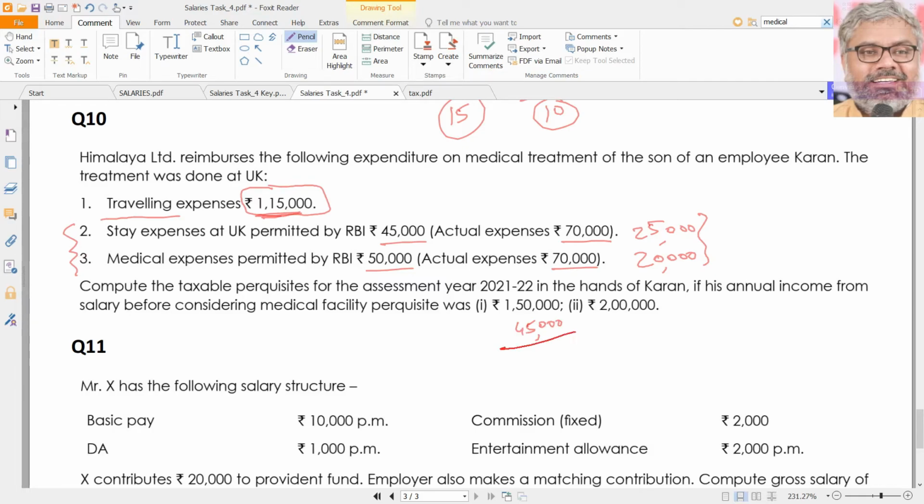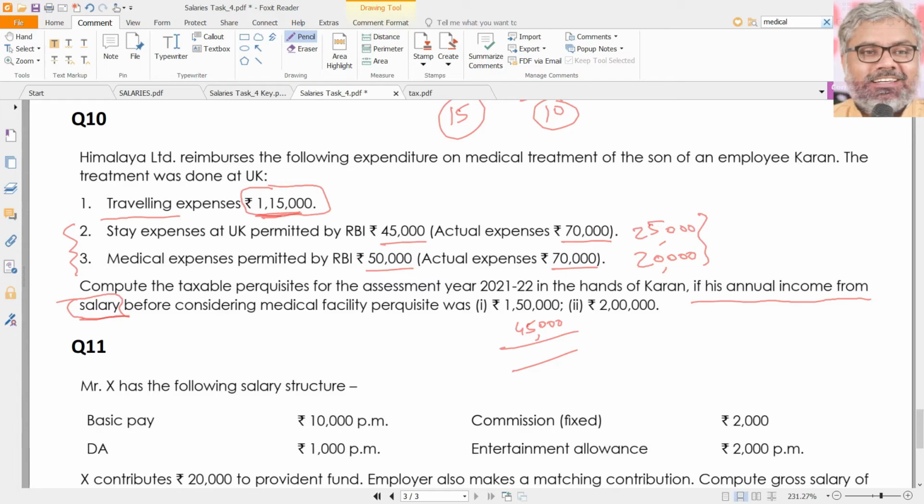So what is going to be the total of other things for this person? The question clearly says annual income from salary before considering medical perquisite was 1,50,000. The point to be noted here: income from salary, we have to assume, is after standard deduction only. Don't give standard deduction separately.